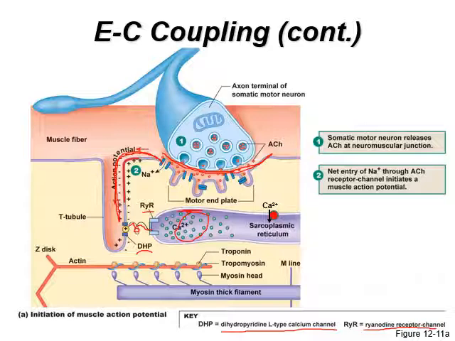Okay, these are basically channels, and when they open these channels, the calcium is going to rush out and flood the sarcoplasm. Okay, and what's out here, right? That's where our troponin and tropomyosin and all our contractile filaments.